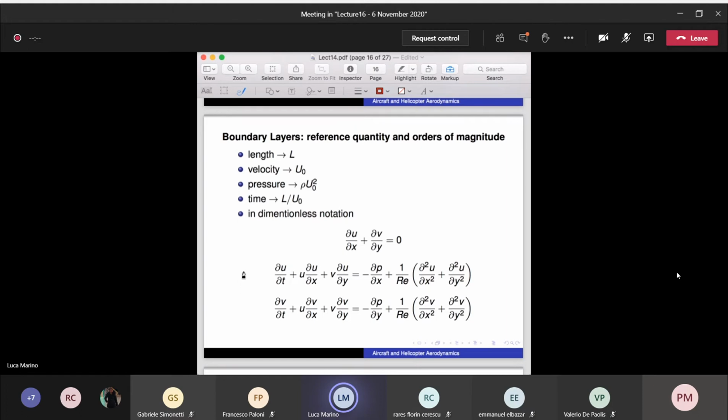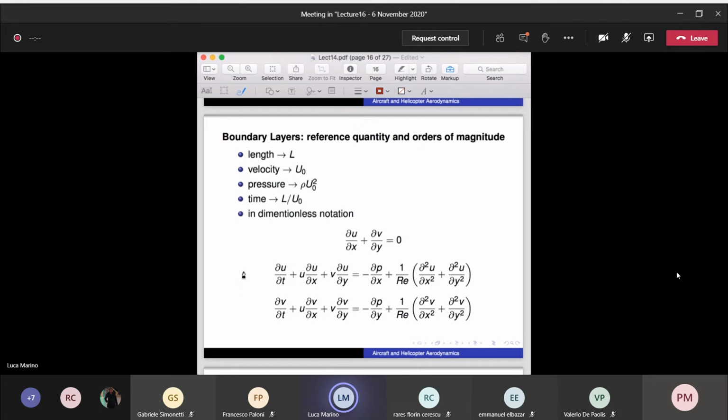And so this second derivative becomes the second derivative of u prime with respect to x prime, where u prime, like before, is u over u0 and x prime is x over L. Okay, so the two terms become the right-hand side.